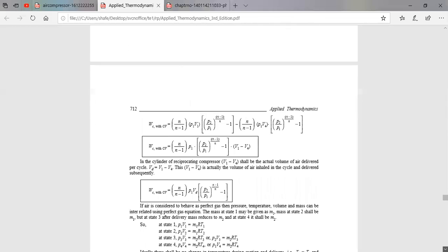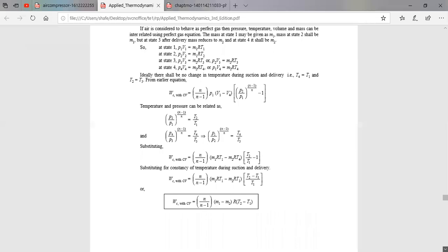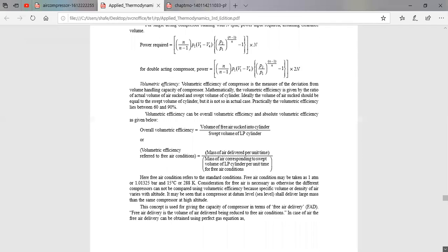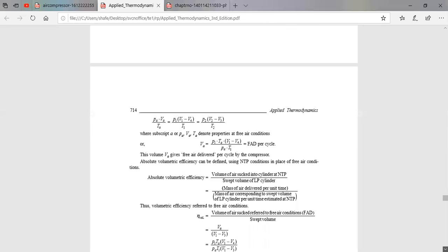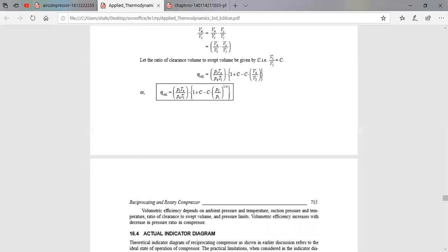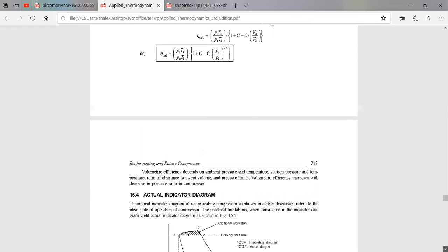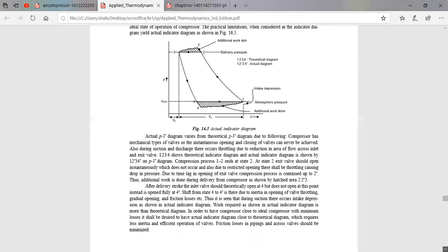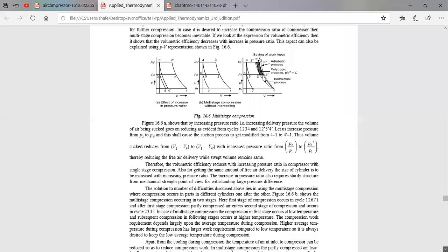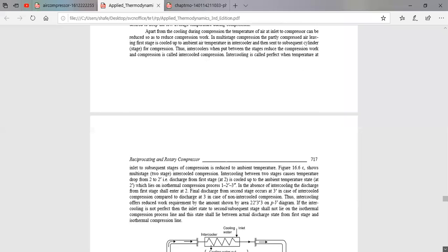The remaining I'll take in the next class. Whatever we have discussed up to now, you can easily find it out. If I solve a problem, then you understand, oh, this is exactly what will happen in the practical situation.